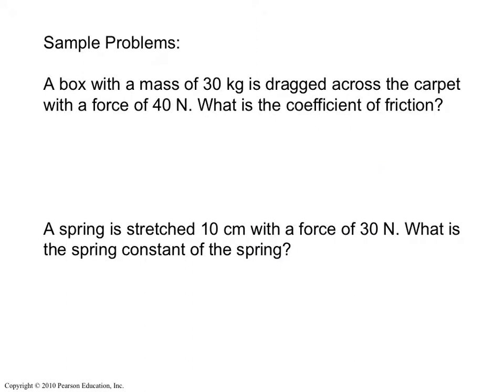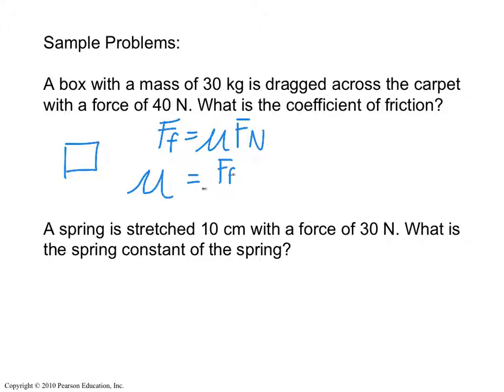So let's look at some sample problems. A box with a mass of 40 kg is dragged across the carpet with a force of 40 newtons. What is the coefficient of friction? So we have my force of friction equals mu times force normal. Don't have any angles involved. I'm solving for mu, so mu equals force of friction over Fn.